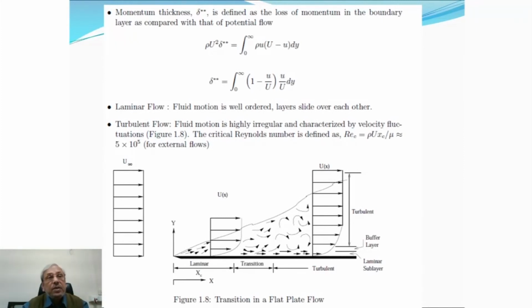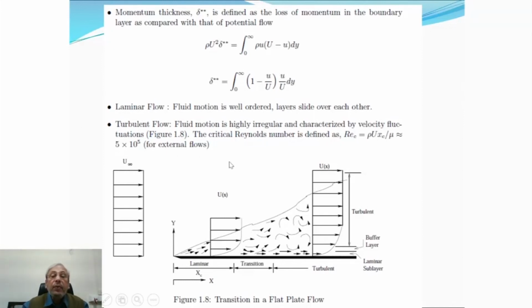Again, this is not a complete definition. We will complement it with many other attributes in course of time. Since it is introductory, I am just mentioning it in that fashion: well-ordered flow, as if fluid layers are moving over another layer after layer, sliding over each other without getting undulated. That is laminar flow.